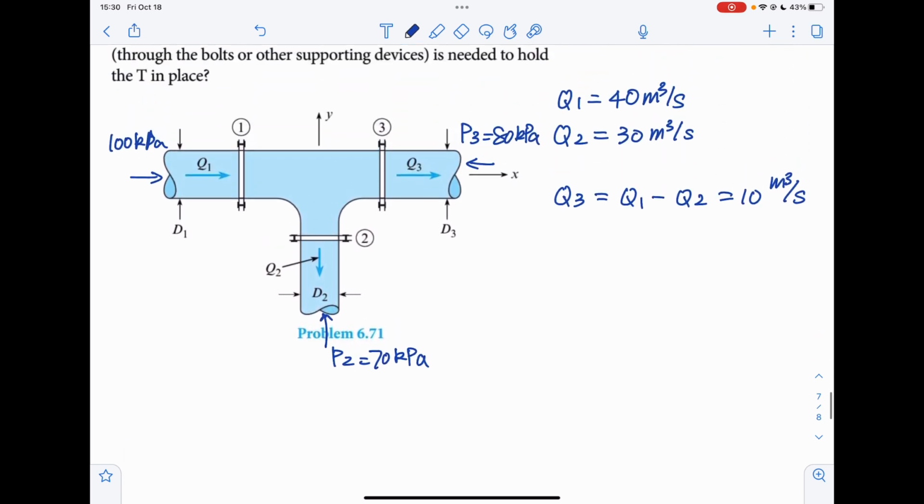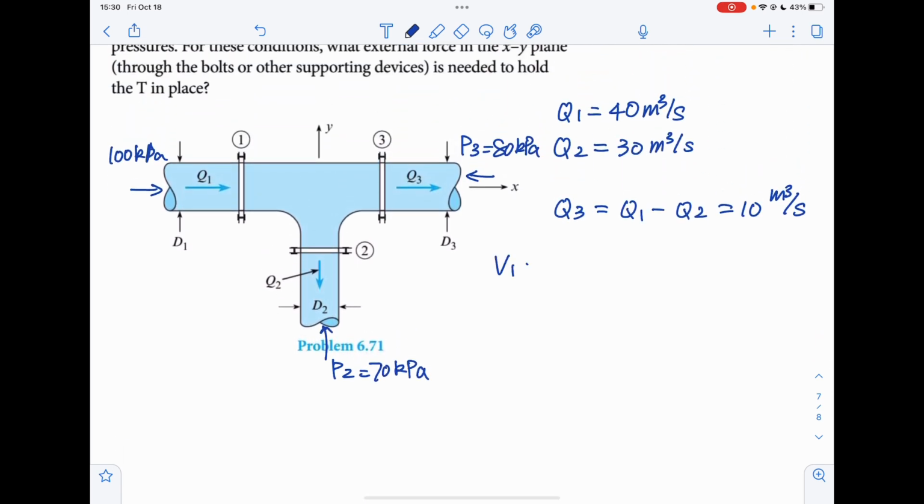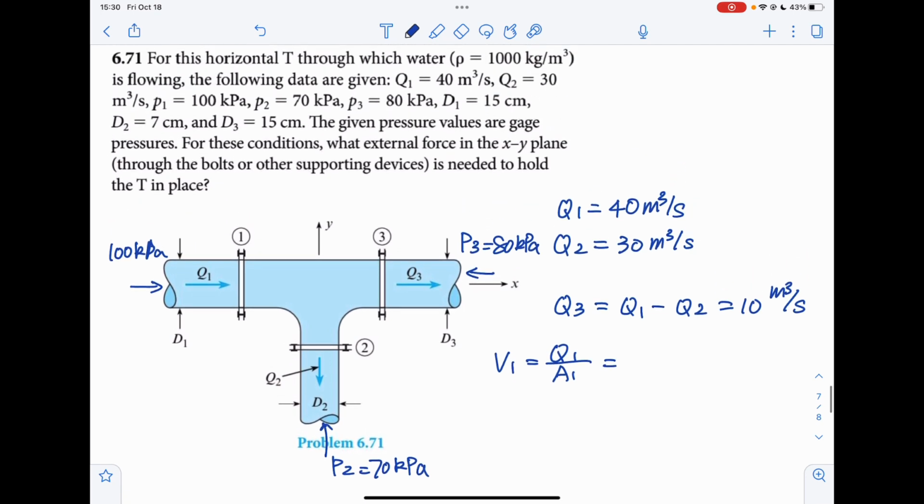So V1 equals Q1 over A1, where Q1 is given, and for A1 we have the diameter of 0.15 meter, so we use pi over 4 times the diameter to the power of 2.